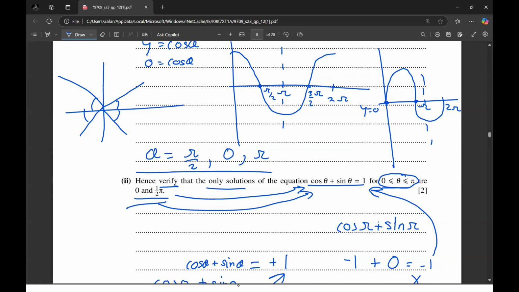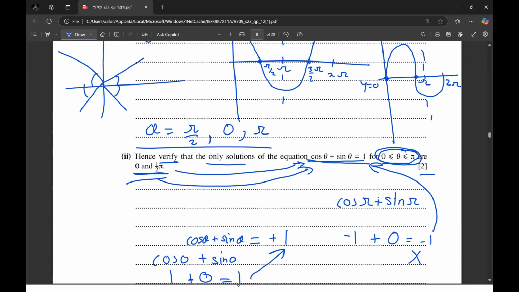That means all the values in this domain, the only values that satisfy this equation are 0 and pi over 2. So what we need to do is just put in the solutions which they gave us. It's 2 marks. We don't need to solve anything.